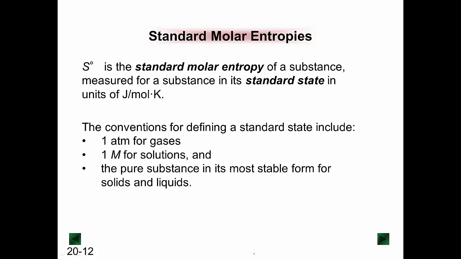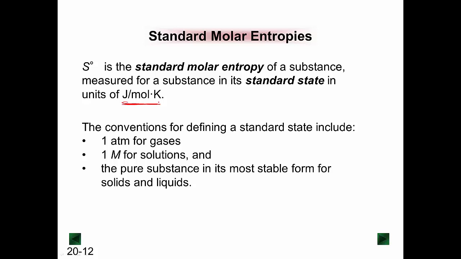So what are the implications of this? Well, one implication is that we can define a standard molar entropy for a substance, and it's measured for a substance in the standard state. The units of a standard molar entropy will be joules per mole times Kelvin.